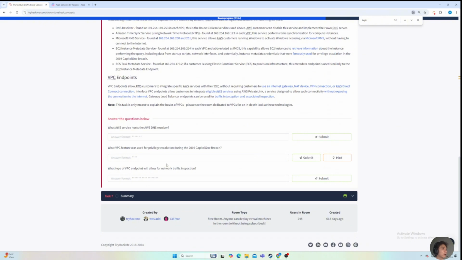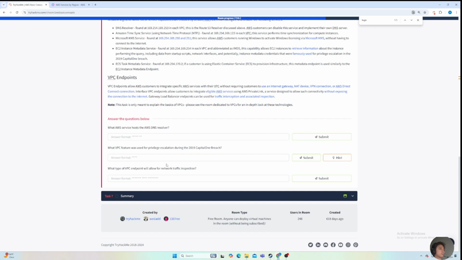VPC endpoints allow AWS customers to integrate specific AWS services with their VPC without requiring customers to use an internet gateway, NAT device, VPN connection, or AWS Direct Connect connection. Interface VPC endpoints allow customers to integrate eligible AWS services using AWS PrivateLink, a service designed to allow such connectivity without exposing the connection to the internet.